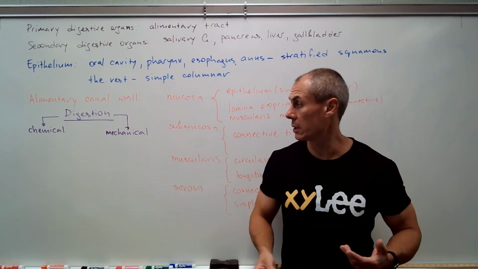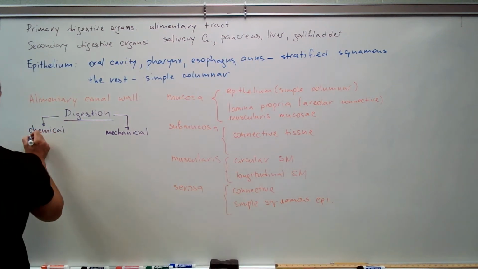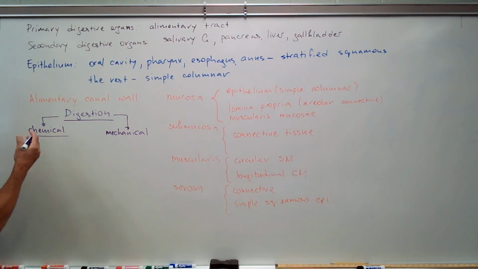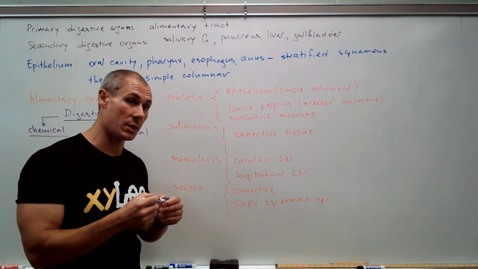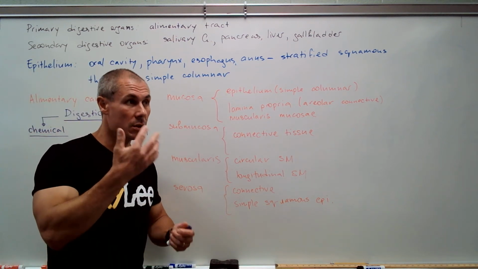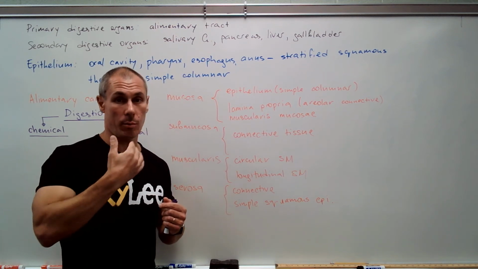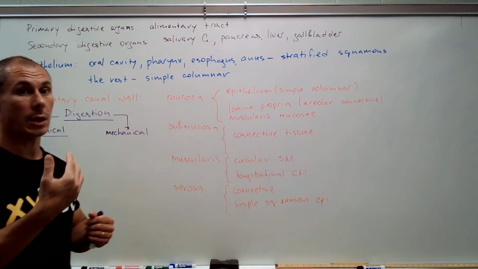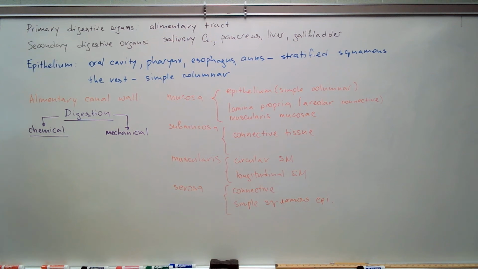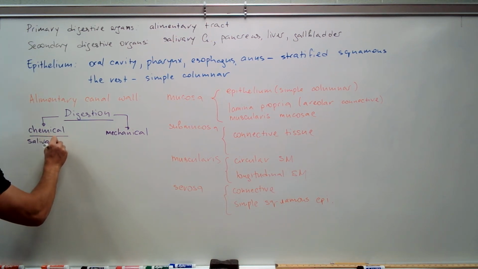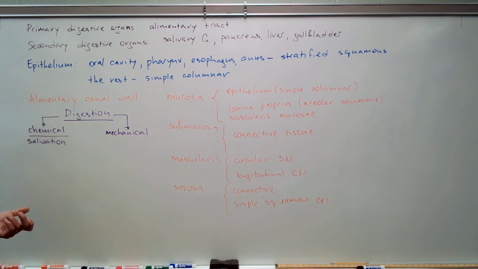What is convenient about the digestive system? If you need to figure out what's going on there, you just go step by step, organ by organ. So you think, okay, what's going on in the mouth? Any chemical digestion? Yes, salivation, for instance. Does that make sense?